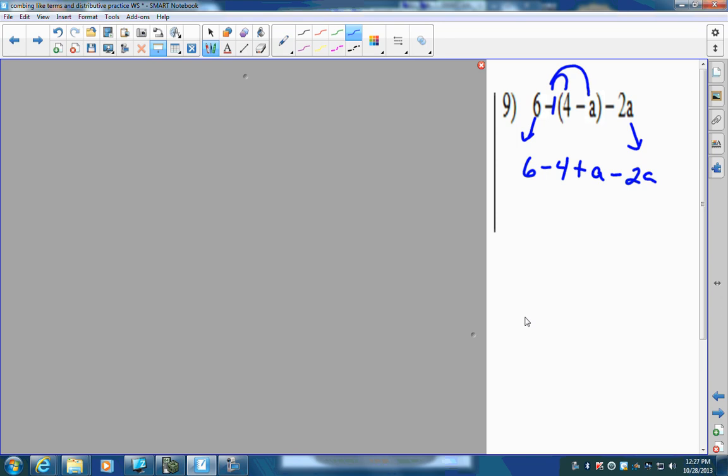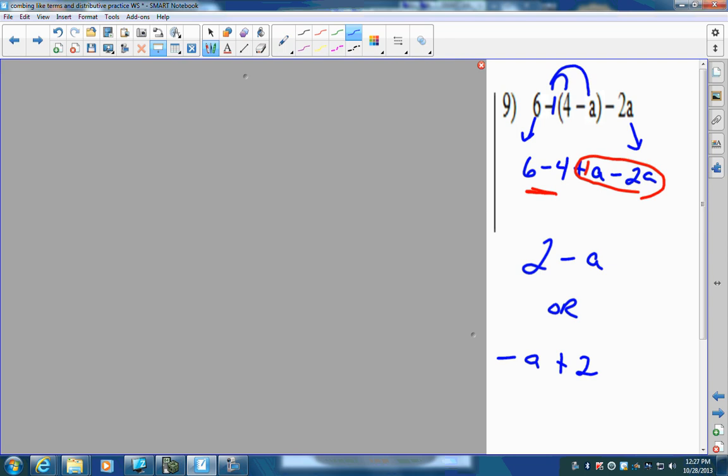So now we can put together the things that go together. And I have 6 minus 4, which is 2. Then I have A minus 2A. That's 1A minus 2A, which is -1A or -A. You can write it this way or -A plus 2.